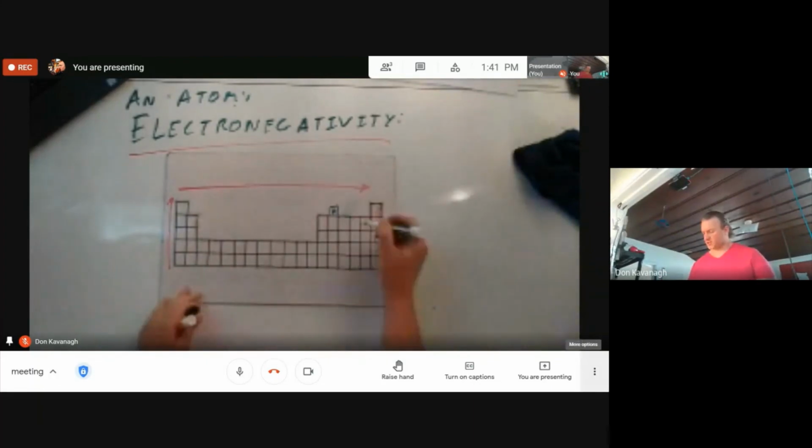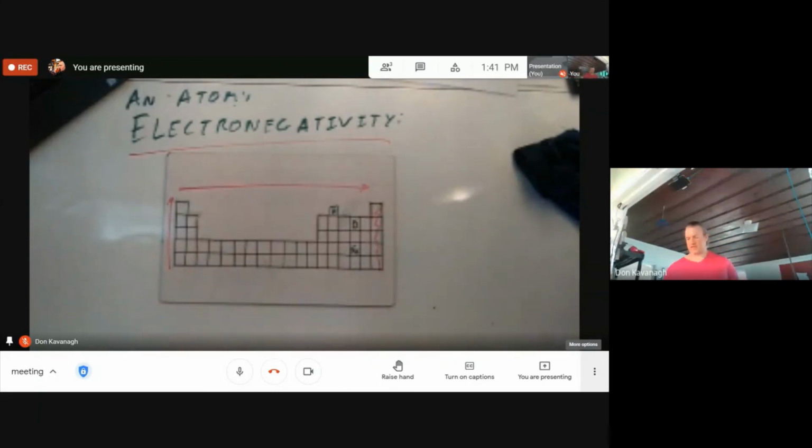What about oxygen and selenium? Oxygen and selenium are in the same column. We would predict that oxygen has a higher electronegativity and would pull electrons closer to itself when in a bond compared to selenium.